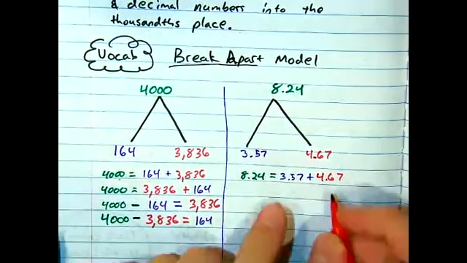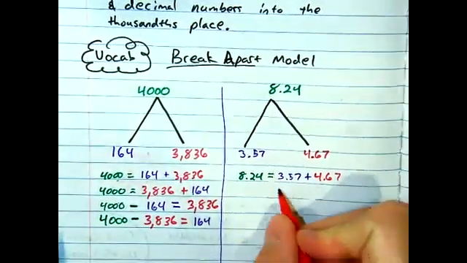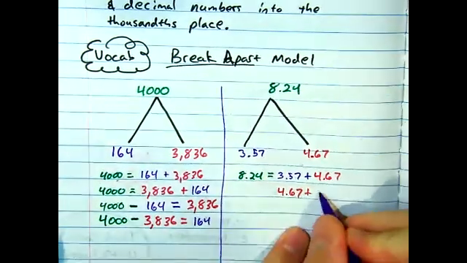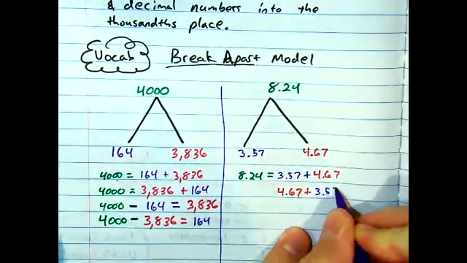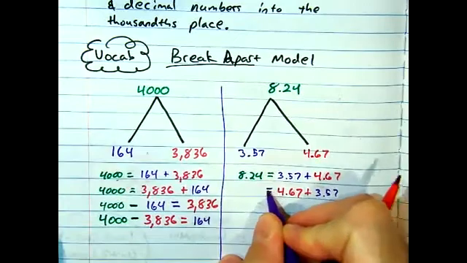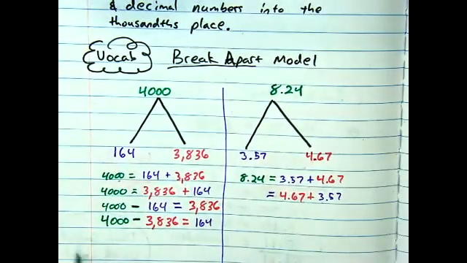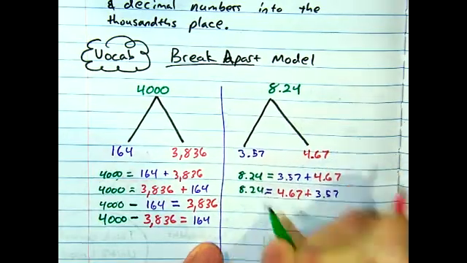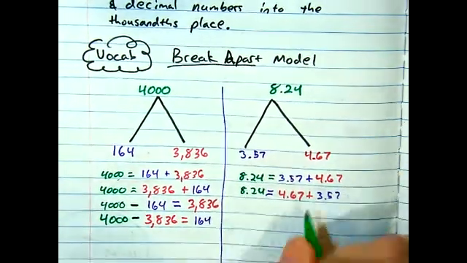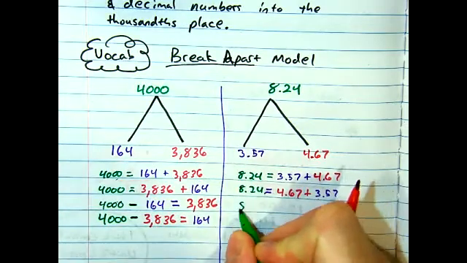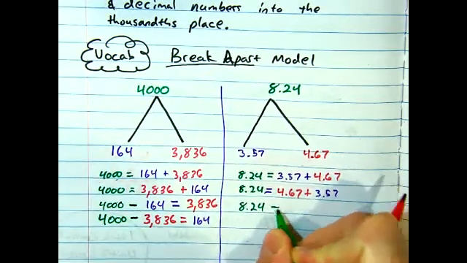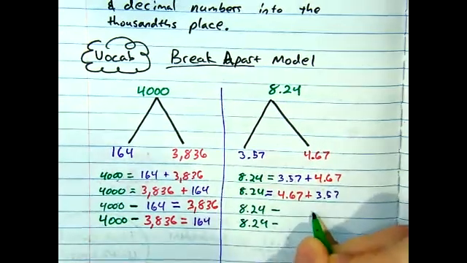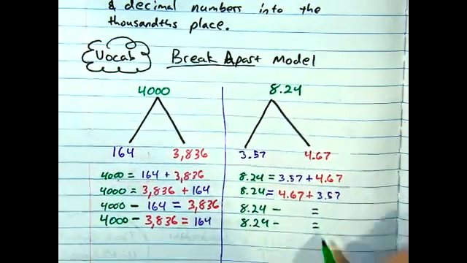All right, let's swap these two. 4.67 plus 3.57 equals 8.24. Stick with our total. Let's bring it down. Let's use the inverse operation, or the opposite. 8.24 minus, 8.24 minus, equals.